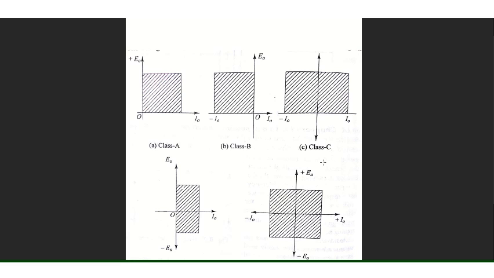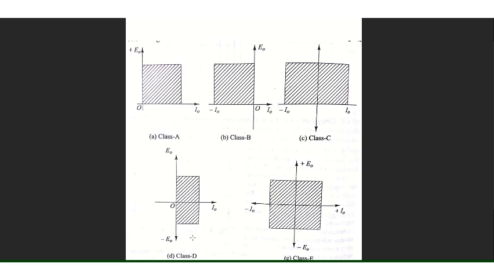Whereas in two quadrant choppers, as you can observe here in class C or class D: in class C, the voltage can be positive and the current can be positive or negative. In class D, the current can be positive, but the voltage can be positive or negative.